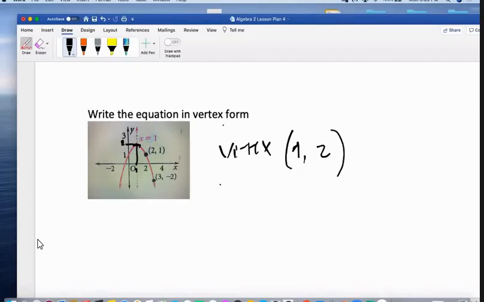Your answers will always come out the same. So don't be afraid to ask, should I use the first point or the second one? It doesn't matter. The answers are supposed to come out the same. I just wanted to give you a little hint and help. You have to use the vertex and pick one of these points and just follow through.